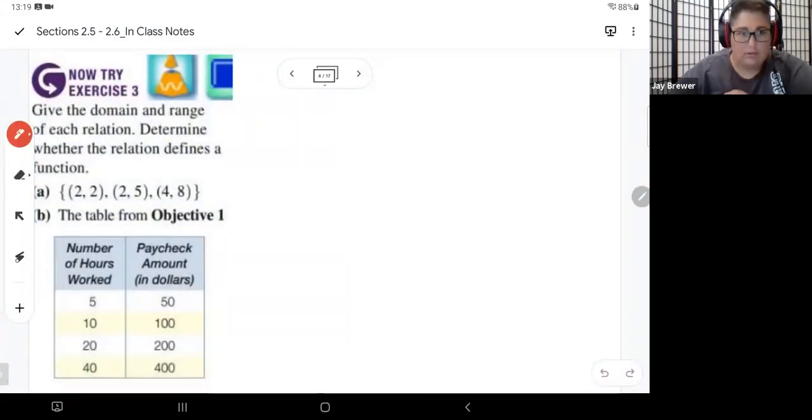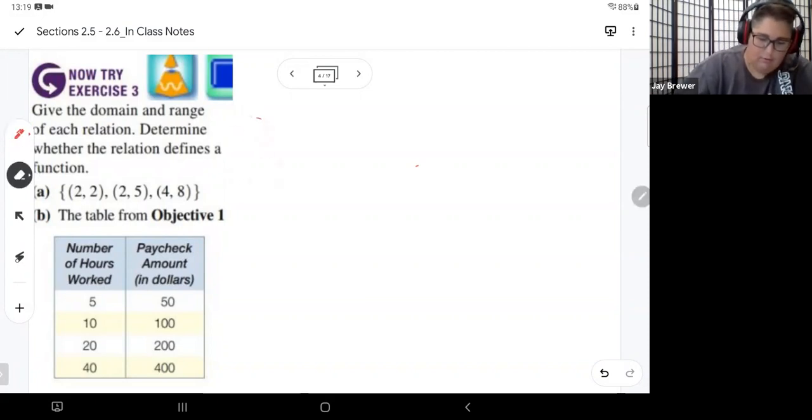All right, so here's our example. Give the domain and range of each relation. Determine whether the relation defines a function. So for part A, the question you want to ask yourself is, what are my x's? And then you'll put your x's in your domain.